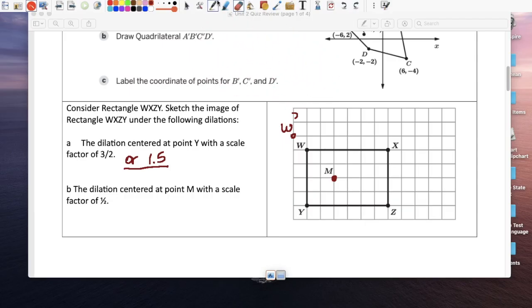All right, so from our center to X, we would walk 1, 2, 3, 4 to the right, and 2 up. Multiply both numbers by 1.5, so you get 6 over here, and you get 3 over there. So now to get to X prime, we go 1, 2, 3, 4, 5, 6, and then 1, 2, 3. There's my X prime.